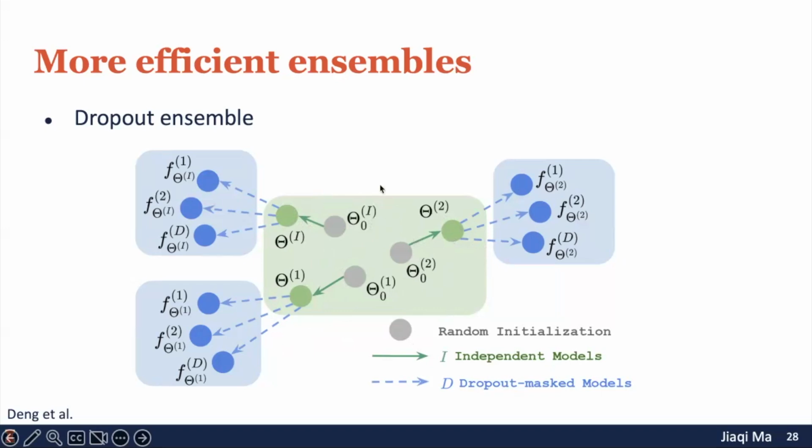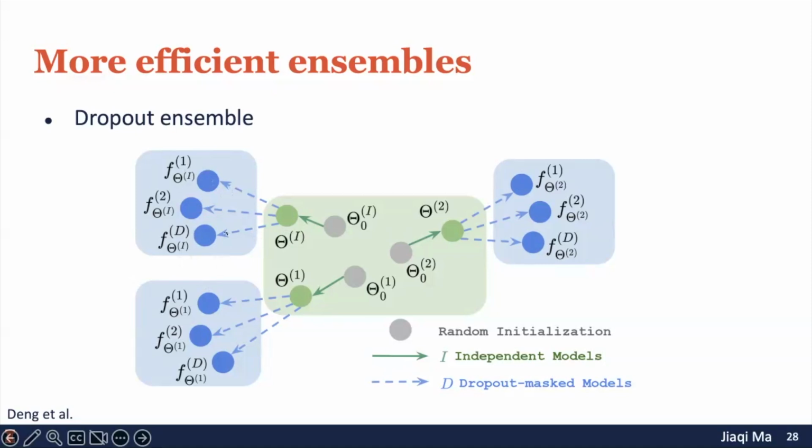Assuming these are neural network models with dropout layers, we can turn on the dropout masks at test time to obtain several variants of the model with different dropout masks.